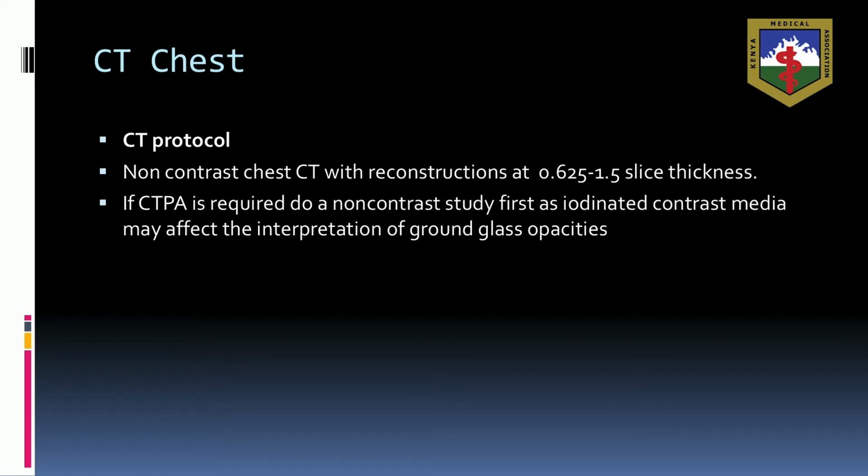In this case, you use non-contrast chest CT with reconstructions at 0.625 to 1.5 millimeter slice thickness. The reason for this reconstruction is that you could use thin slices, but thin slices will increase the dose of radiation. The other thing, this is faster. You're dealing with patients who are sick, they are coughing, they're unable to breathe, so they're likely to give motion artifacts, which will make your CT inaccurate.